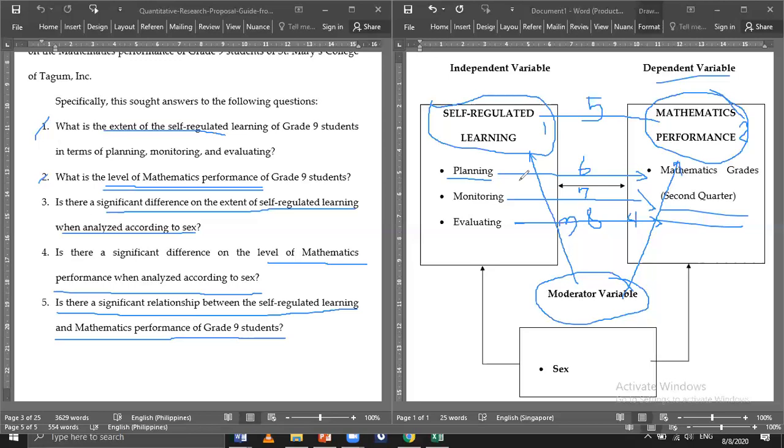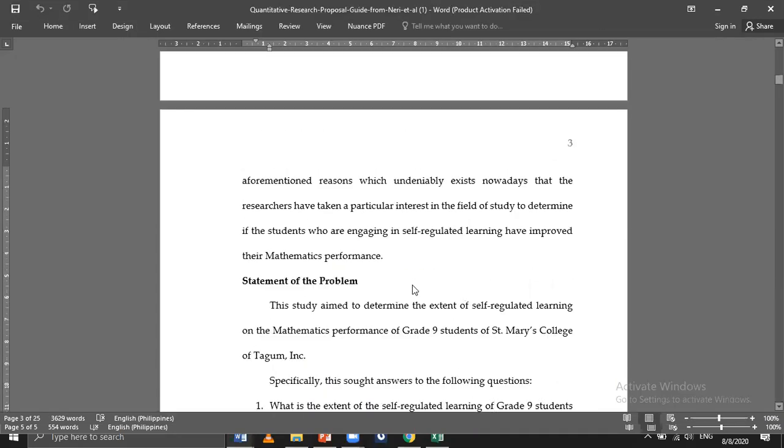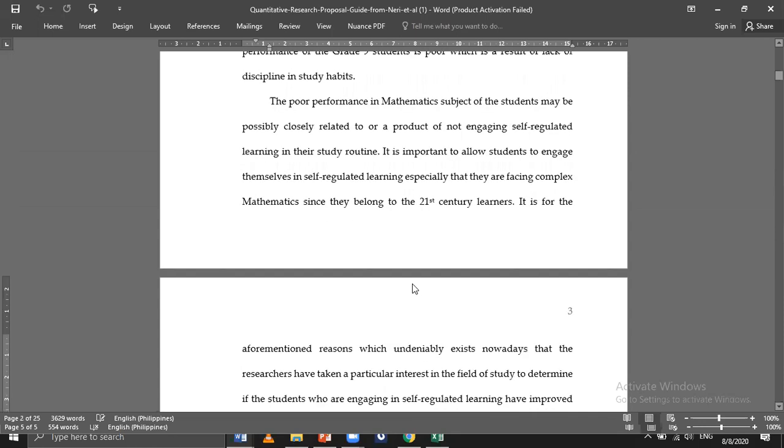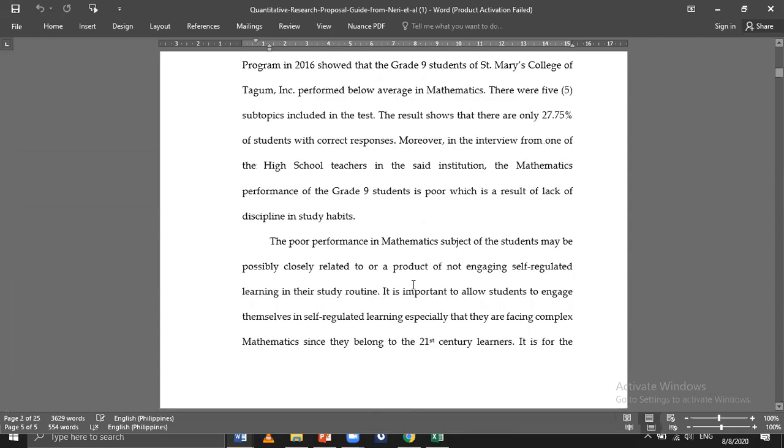You say, is there a significant difference between red and blue in terms of comfort of feeling? So the answer to that question would be the result of your study. Okay, let's clear all drawings. I know this is not really that comprehensive. Yes, that is the statement of the problem.